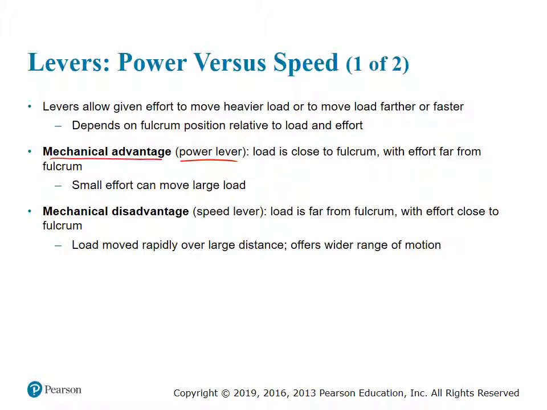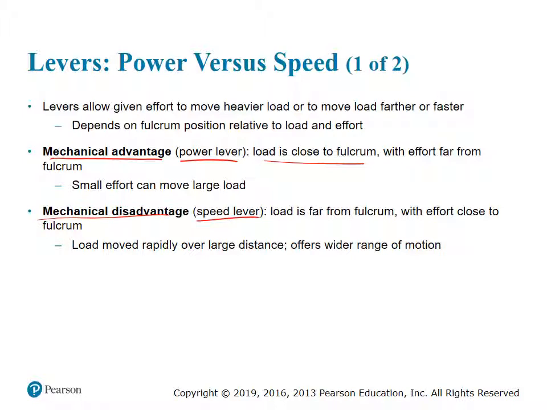That's where the load is really close to the fulcrum and the effort, the force, is far away. That can move a large load. That can be a power one, which can lift things that are really heavy. Or do you want it for speed?